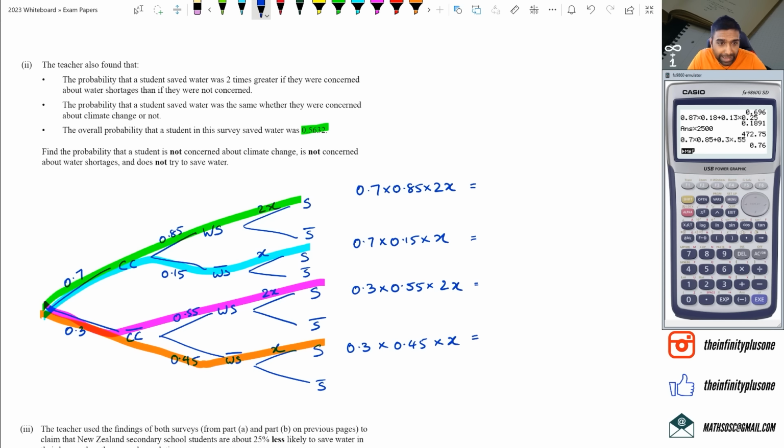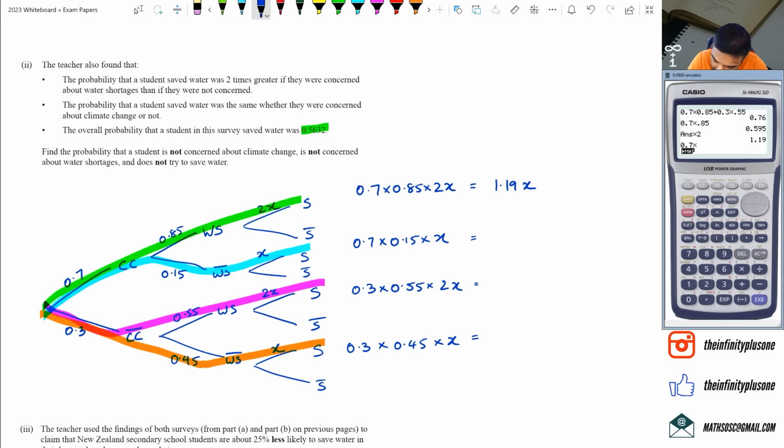So I've got to figure out what x is first before I can actually work out the rest of this question, right? So let's go to the calculator and start working through this. We've got 0.7 times 0.85, which is 0.595, times 2, of course, which is going to give us 1.19x.